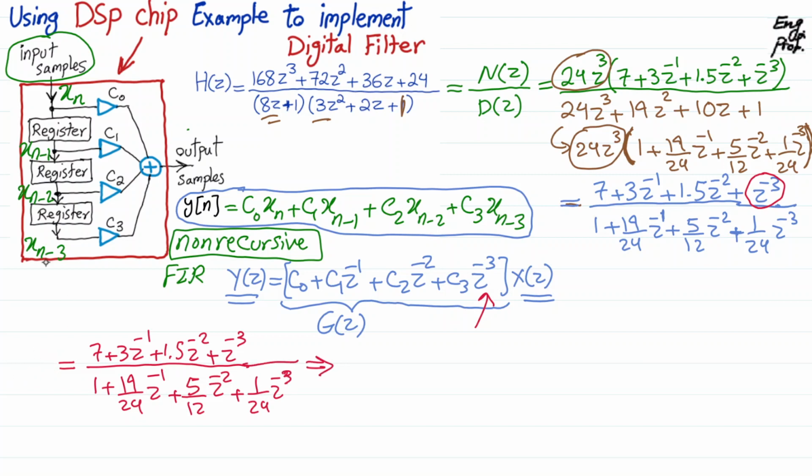This h of z is effectively y of z over x of z for the overall system. So in this case, you can say that this whole thing in denominator multiplied by y of z equal to this whole thing in numerator multiplied by x of z.